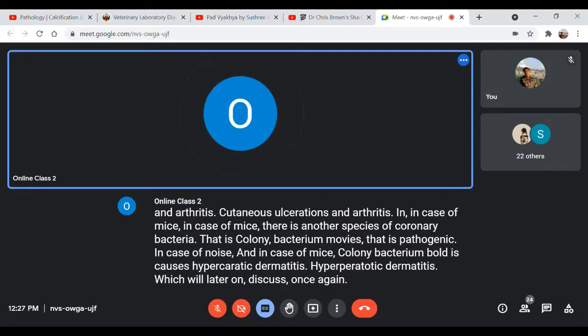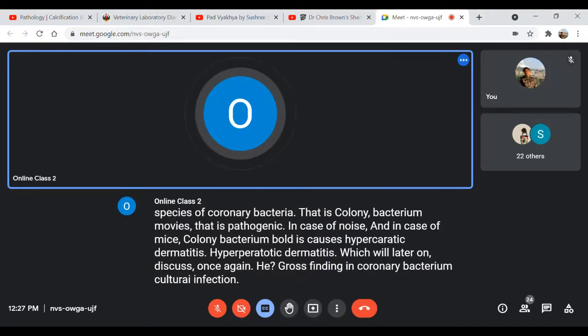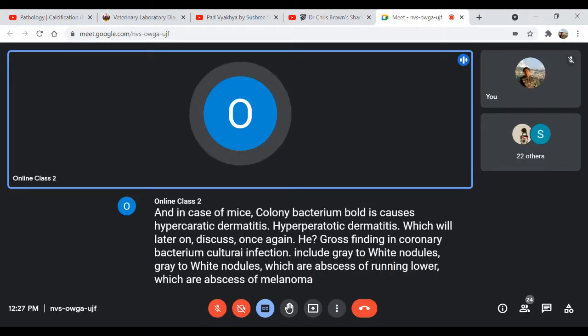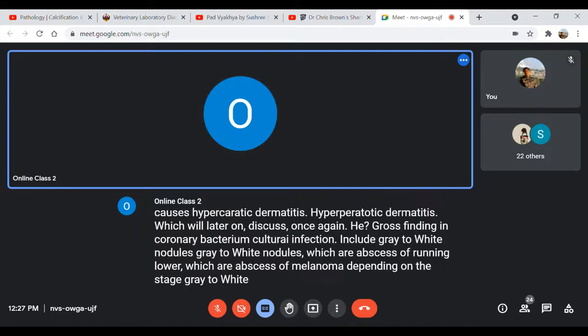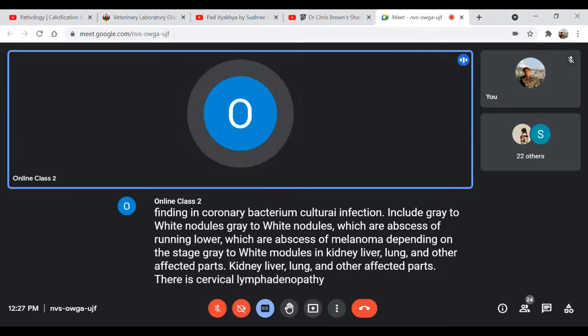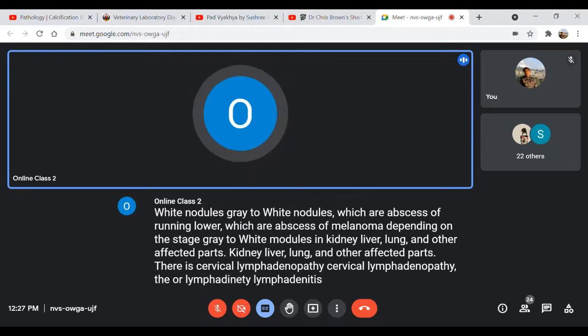The gross findings in Corynebacterium kutscheri infection include gray to white nodules, which are abscess or granuloma depending on the stage, in kidney, liver, lung, and other affected parts. There is cervical lymphadenopathy, or cervical lymphadenitis.